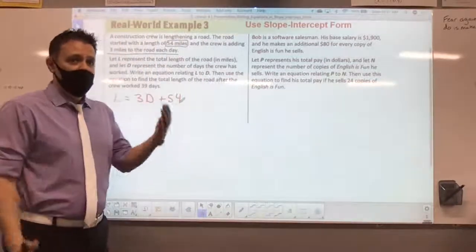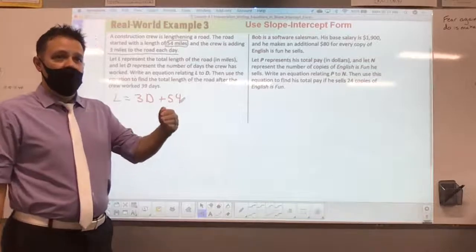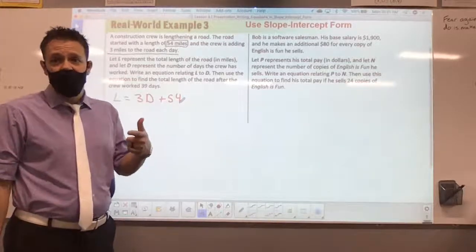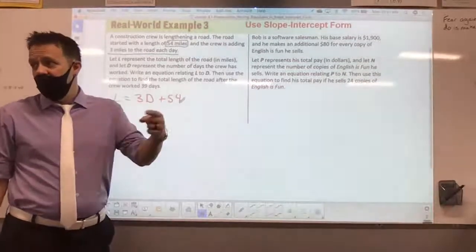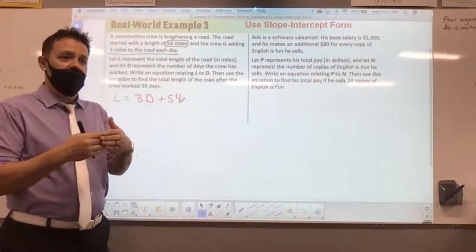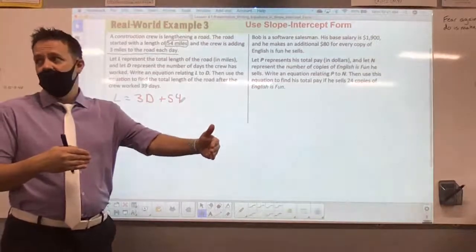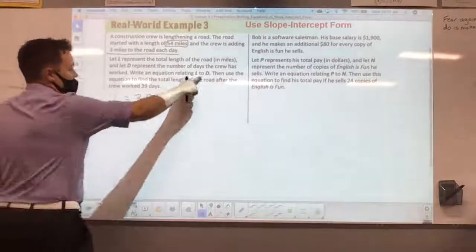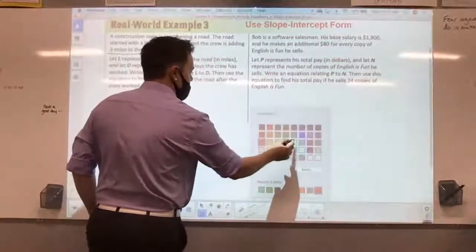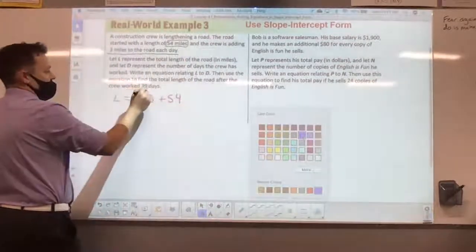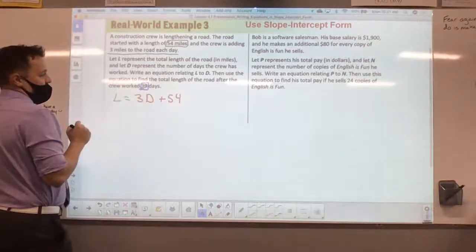You start here and then they plan out, because for anybody that's in their own business, you have to be able to plan ahead and say, okay, I can complete this work in X amount of time. So now it says here, what number do they want to find out? How long is the road after how many days? 39.